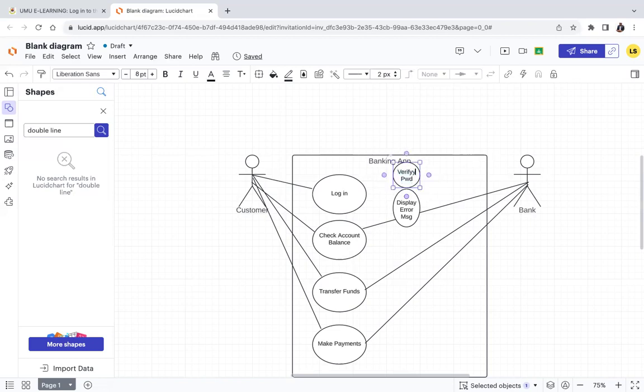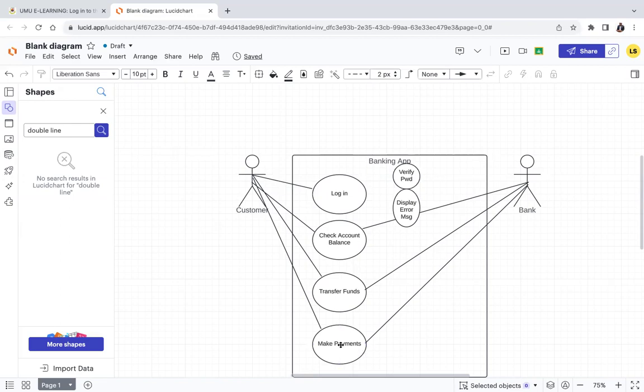So it is only when the login happens that the include relationship can now take place. So we cannot have the include happening when the initial relationship has not taken place.